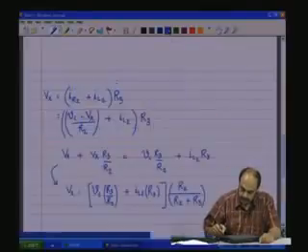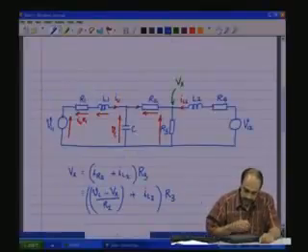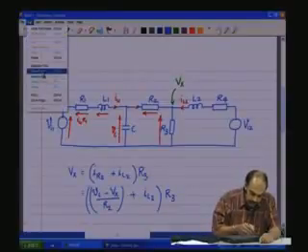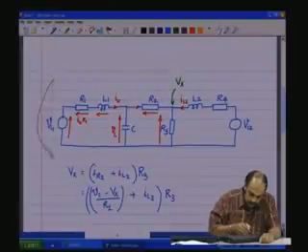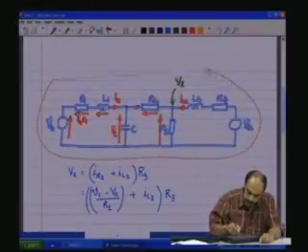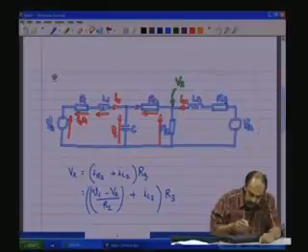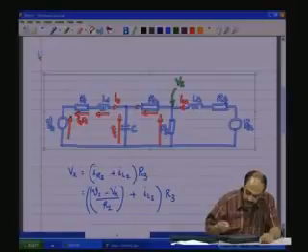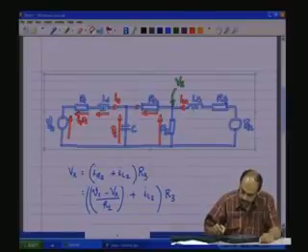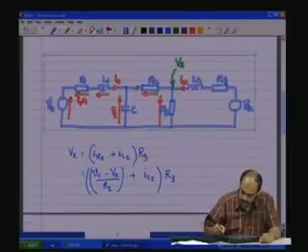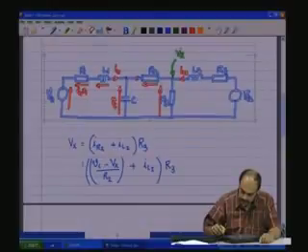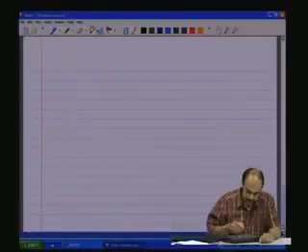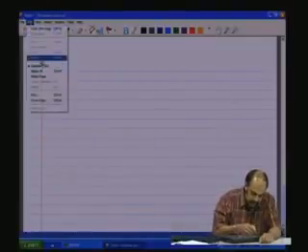Now, coming back to the circuit here, we need to express the third equation, which is given here as, let us paste it here.